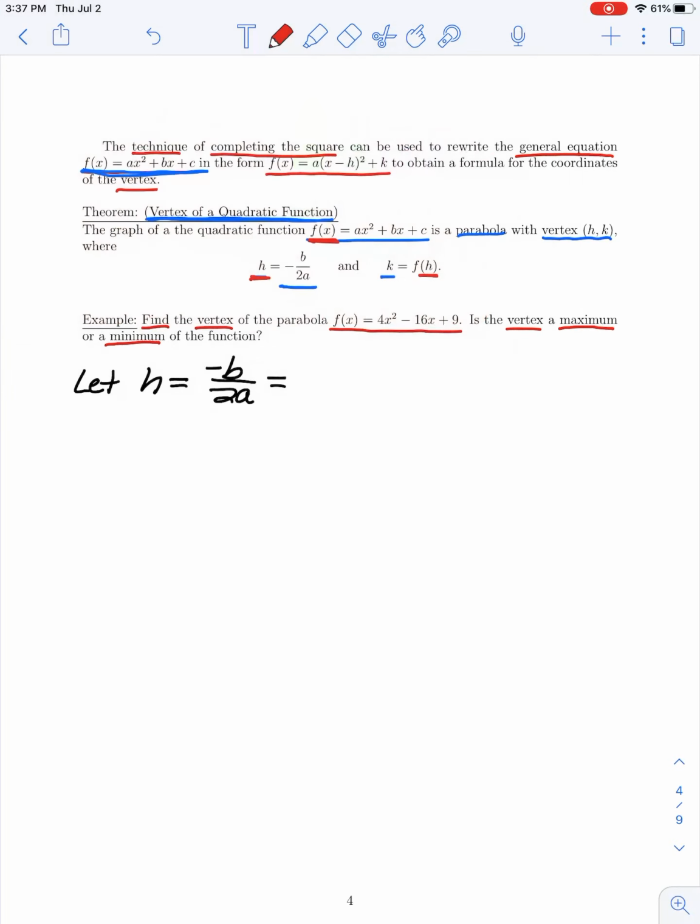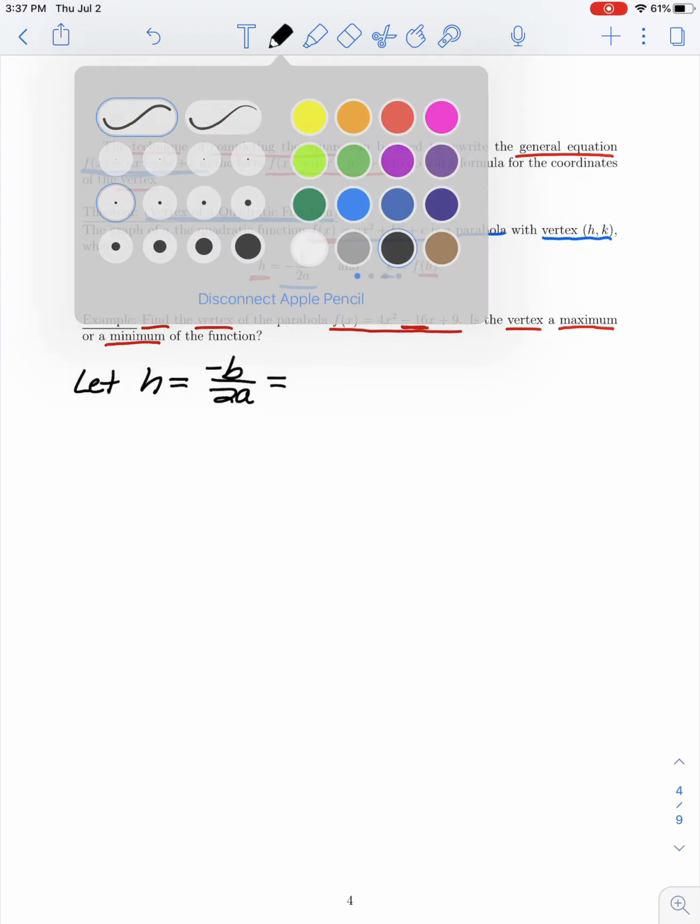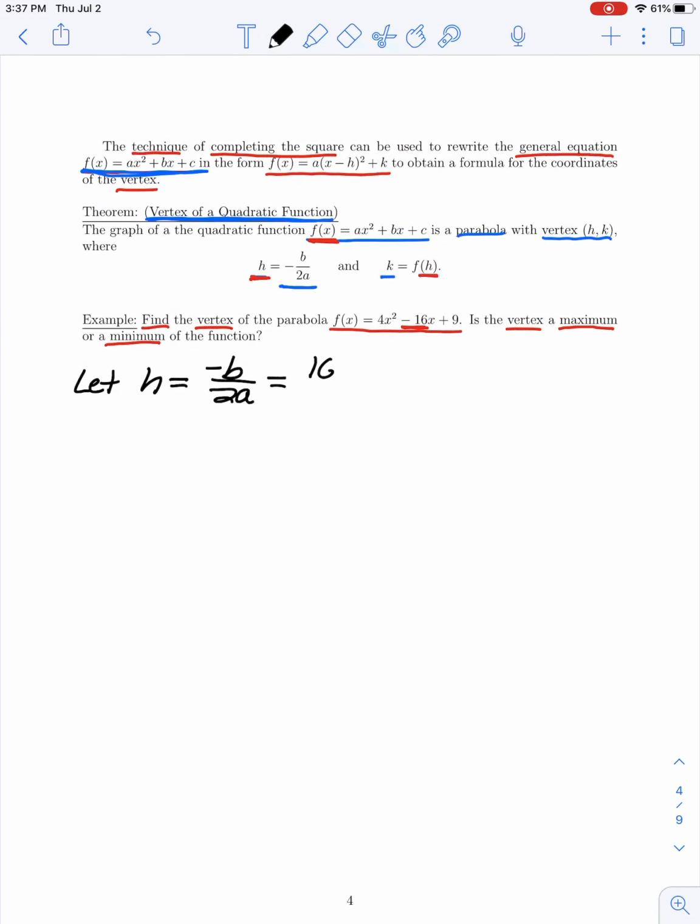So here, the value of b is negative 16. So our numerator, taking the negative of that value, gives us a positive 16. And then we divide by 2 times a, where a is equal to 4. So we have 16 over 8, or 2, for the x-coordinate of our vertex.